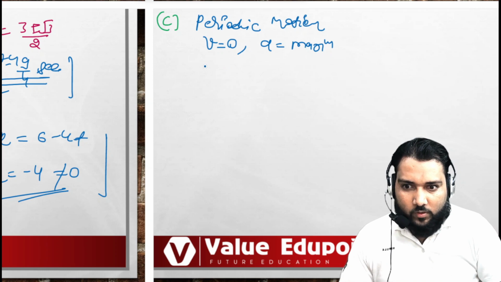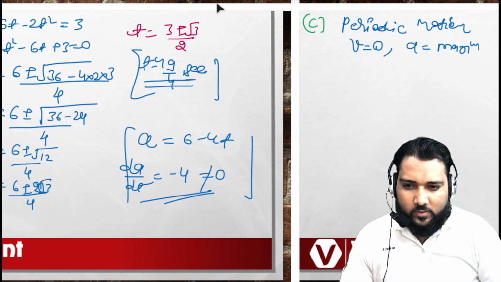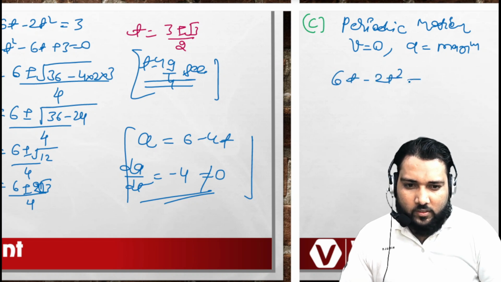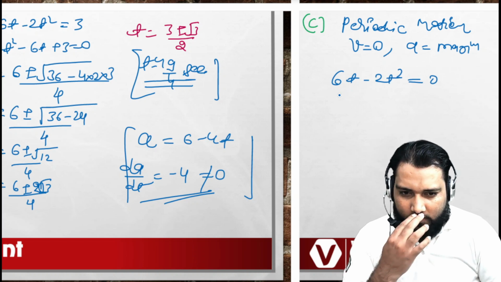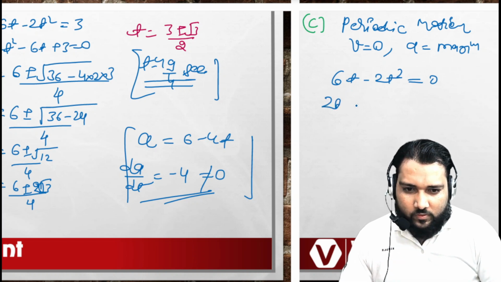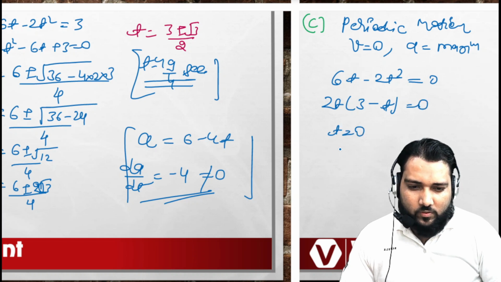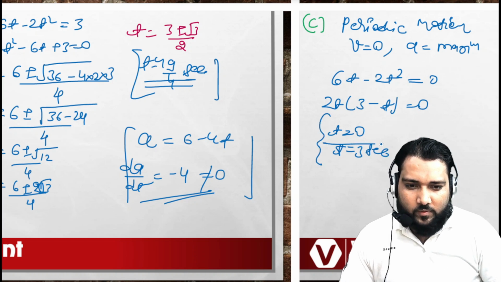So we simply put the expression of velocity equal to 0: 6t minus 2t square equals 0. Taking 2t common, 3 minus t equals 0. So t equals 0 and t equals 3 seconds. So the acceleration will be maximum at t equals 3 seconds.